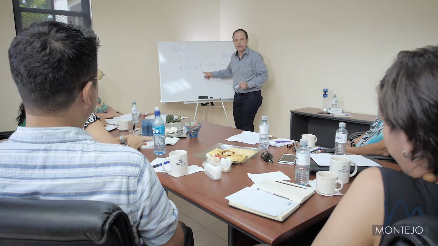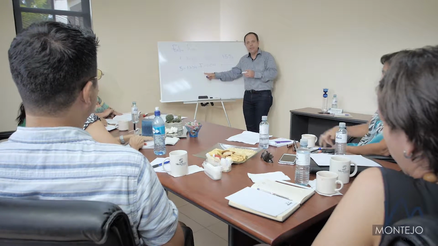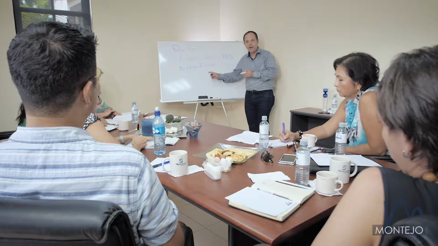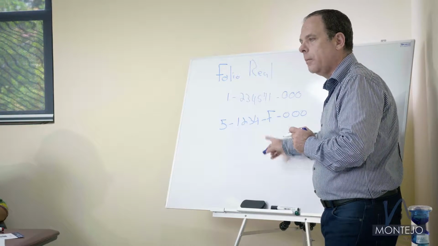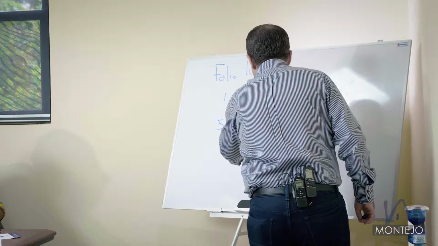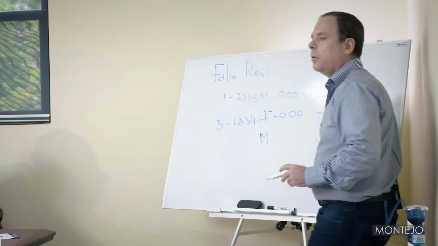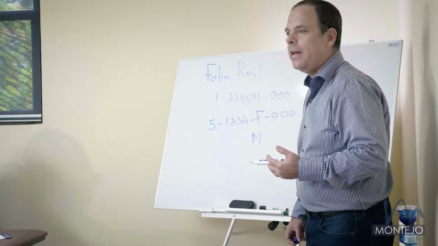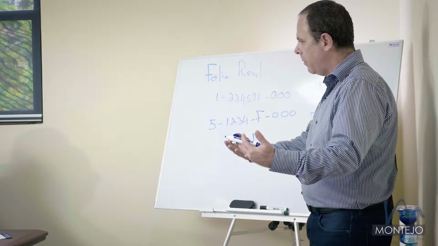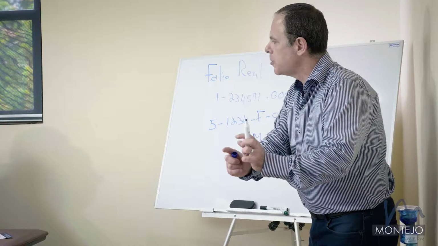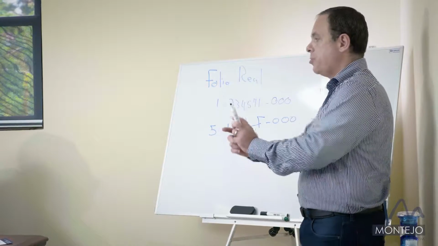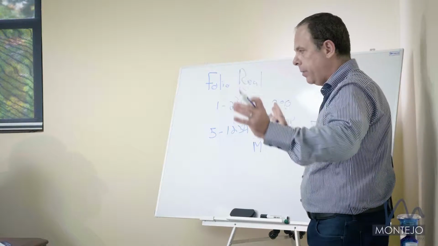F means filiate, or filial in Spanish, means that this is under a condominium. And if you find an M, means that what you're looking at is the matrix, the main condominium, not the specific lot or the specific condominium that is going to be transferred, but the whole thing.